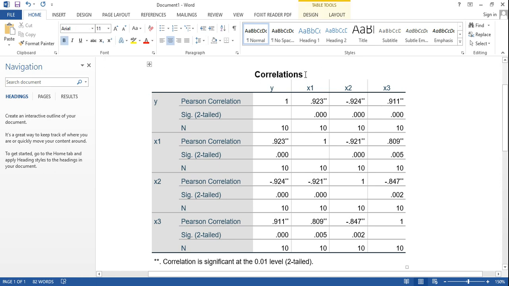Before interpreting, we have to know some rules and regulations. Those are required to interpret. We will consider two values from this table. First one is Pearson correlation, and second one is significance of the Pearson correlation.